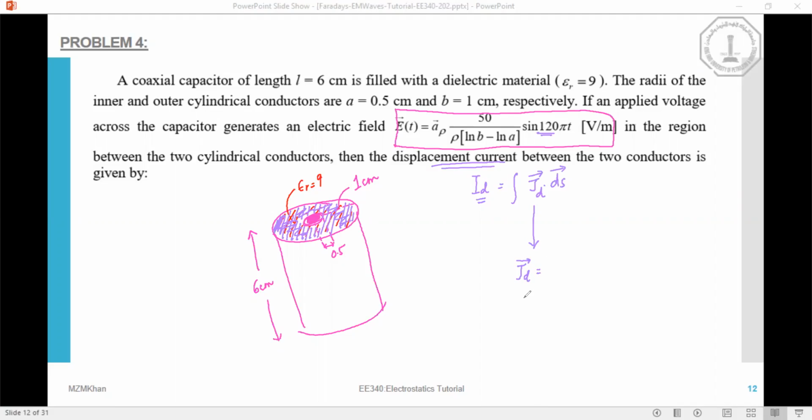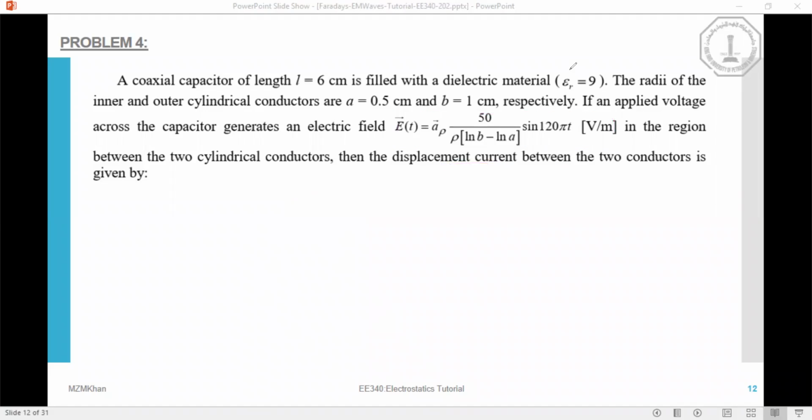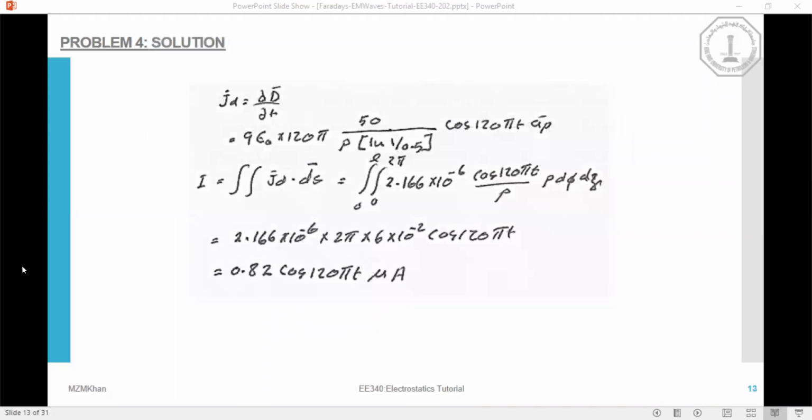And how can I find J_D bar? We know the expression. Remember, what is J_D bar? It is ∂D bar over ∂t. This is a very important contribution of Maxwell.